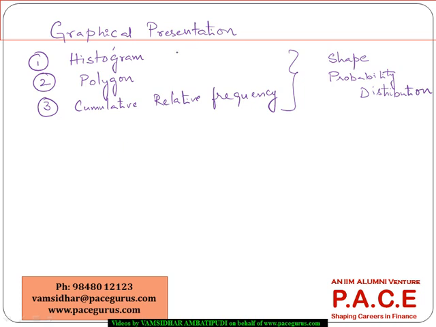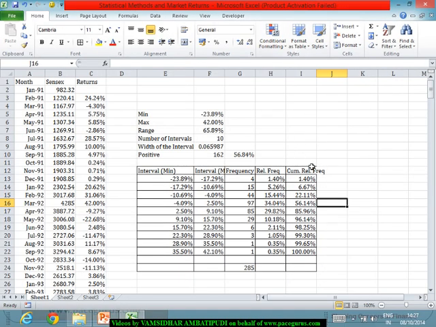Whenever I talk about a histogram, it's just a graphical equivalent of a frequency distribution. While a frequency distribution is a tabular form, the histogram is a graphical form. If I am creating a frequency histogram, the simple way I can work it out is, I'll take the different intervals.